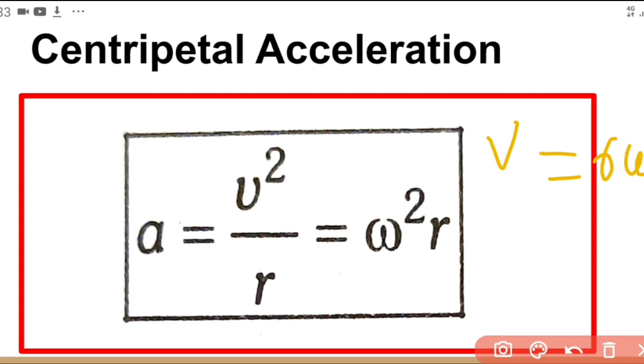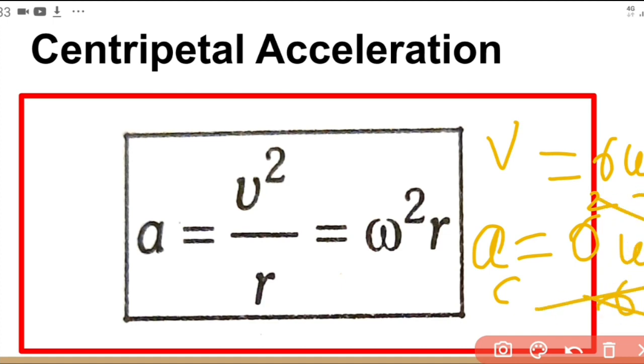So substituting for v, the centripetal acceleration a_c is equal to r square omega square by r. So one r will get cancelled and we will have centripetal acceleration as omega square r. So this comes as the next expression for centripetal acceleration.